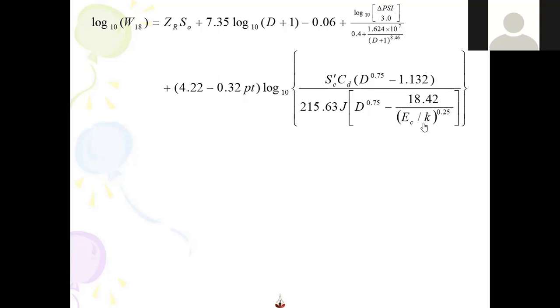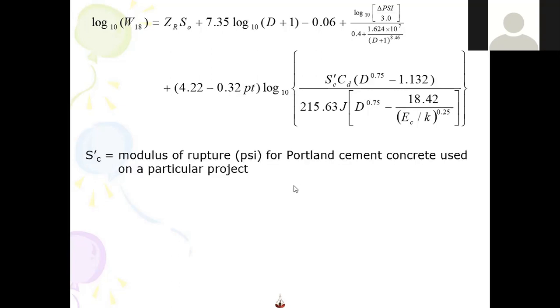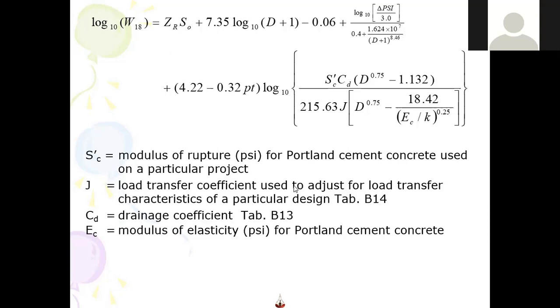I have explained to you that whether you are using a 6-inch base or a 4-inch base, with a particular K value you have calculated or estimated from the formula, you get a modified value, and you put this in to make trial and error so that the left hand side equals the right hand side. This is how you use the equation. I think all is explained to you now.